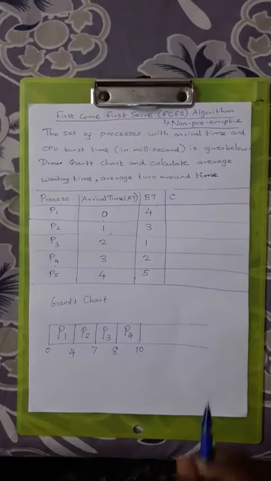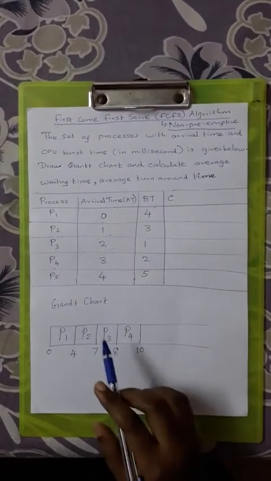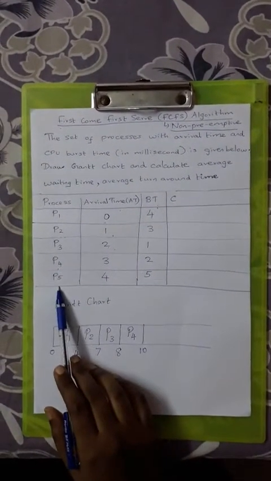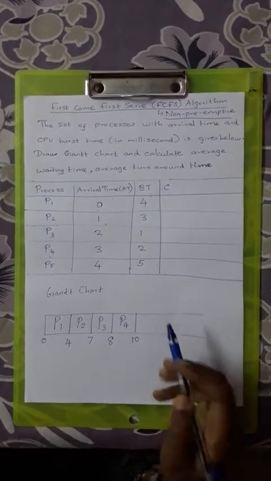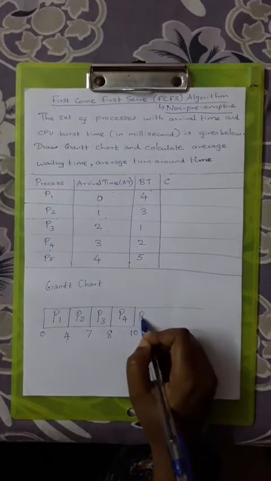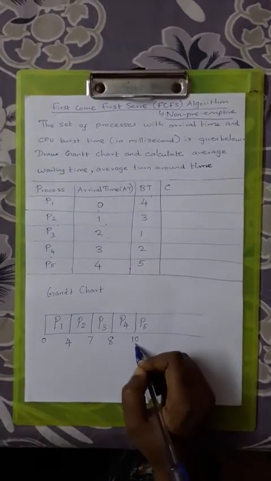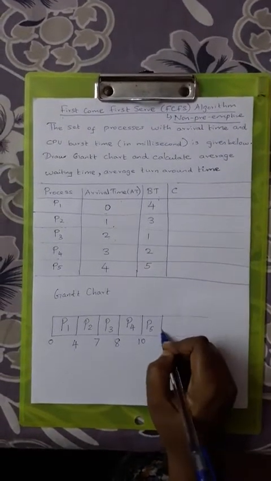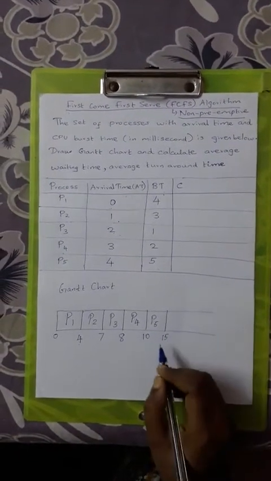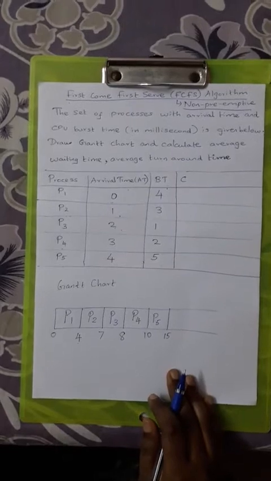Next, the last process which arrived in the system is P5. So P5 has burst time, that is the execution time as 5 millisecond. So P5 will be executing from 10 plus another 5 millisecond. That is up to 15 millisecond. Okay, this is the Gantt chart.